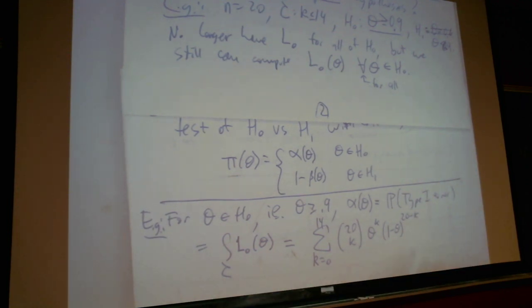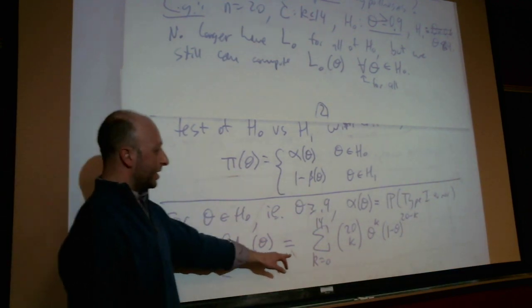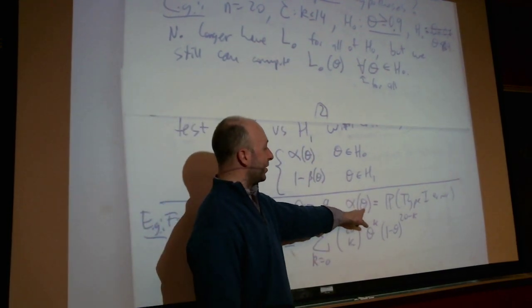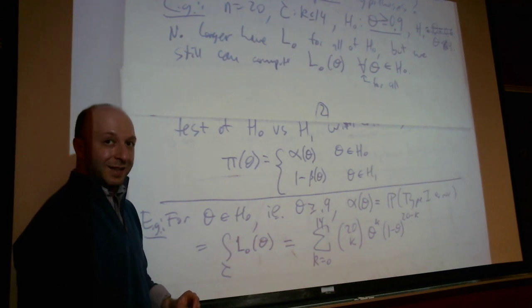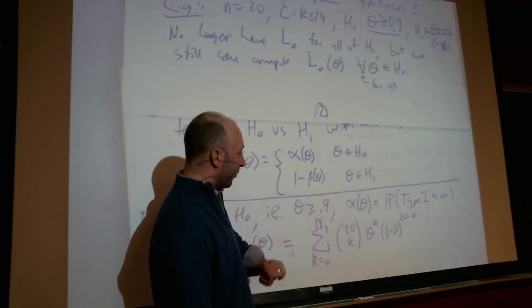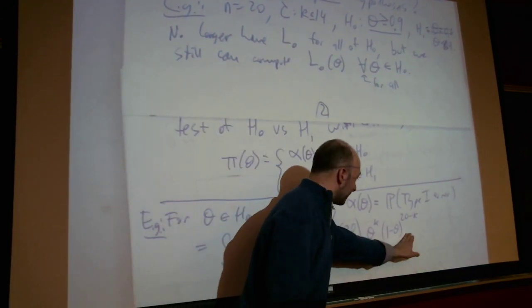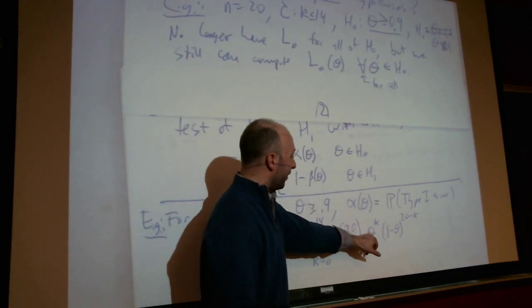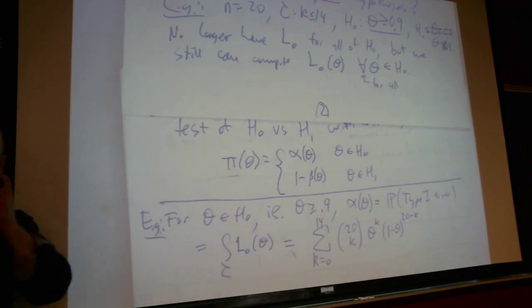That's alpha of theta. The size of the test: what's the probability that we made a type 1 error, assuming the parameter really is theta? It's the sum over k from 0 to 14, and this is the probability that you saw that many heads if theta is this.